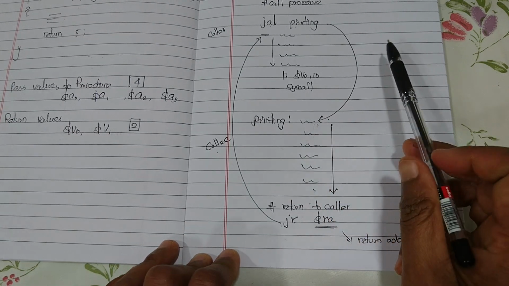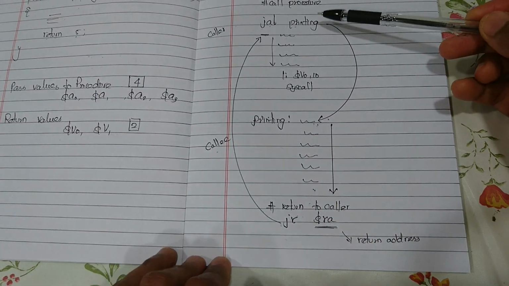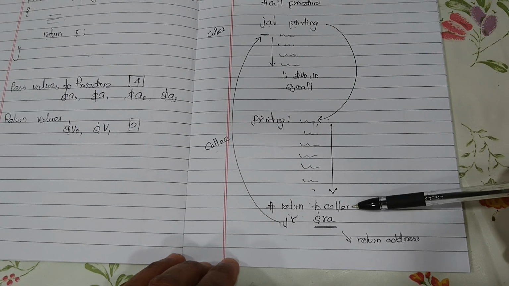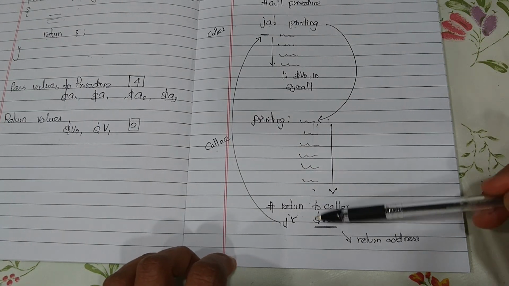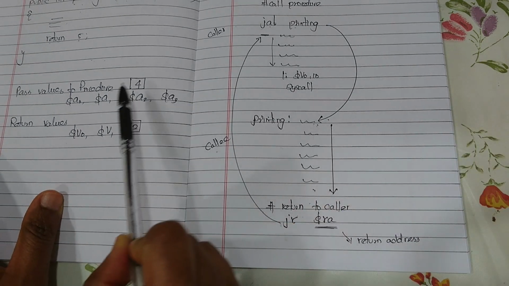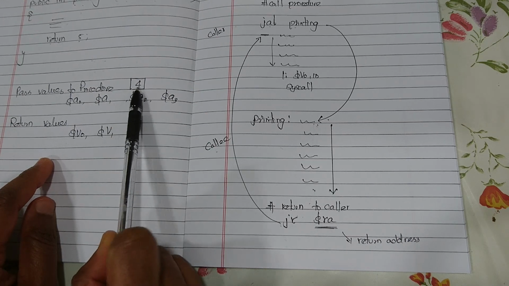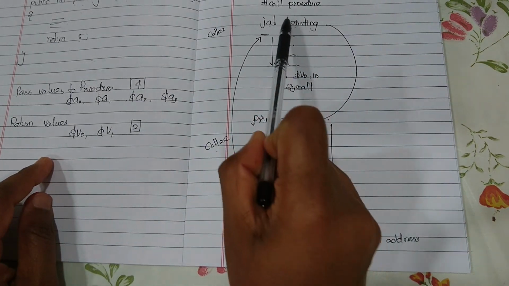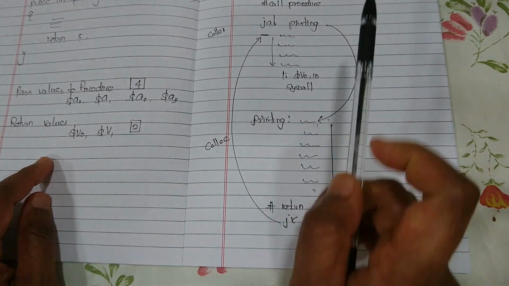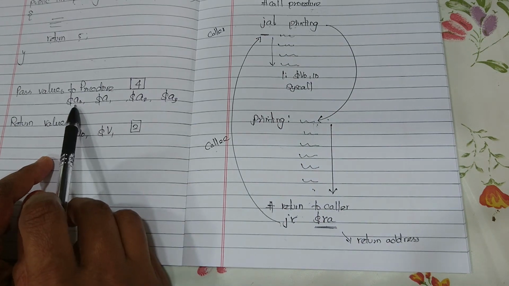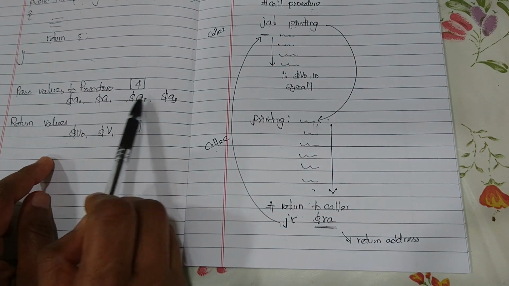So what are the two instructions we studied here? Jump and link to call a procedure, and JR to return to the caller. One more thing is you can pass 4 parameters to the procedure. Before you call the procedure, you can save all the parameter values in these registers A0, A1, A2, A3.